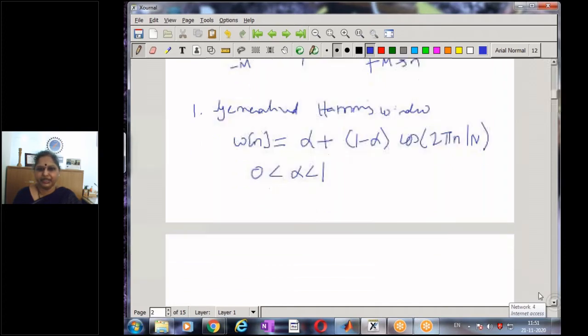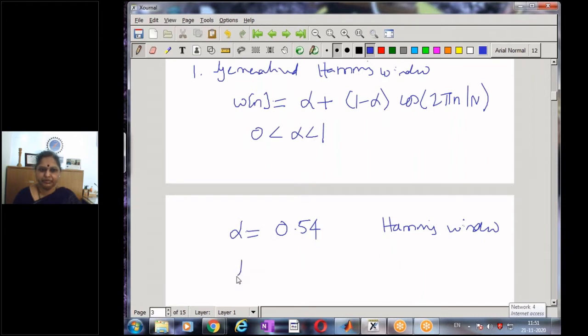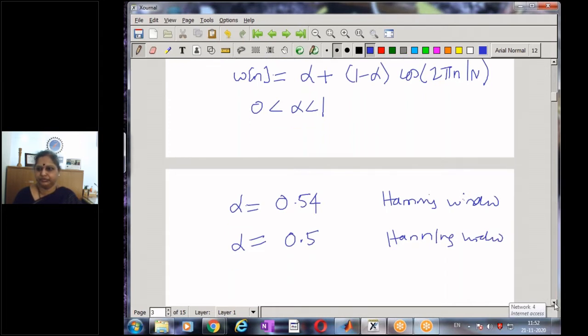When I put alpha equal to 0.54, we get what is known as the Hamming window. And if I put alpha equal to 0.5, we get the Hanning window.